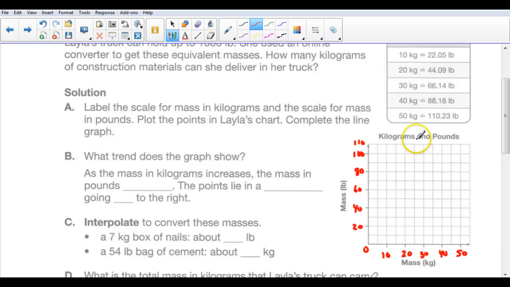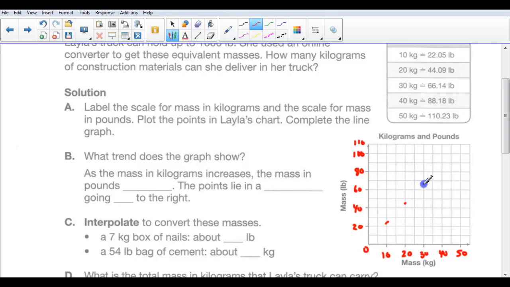Let's complete it from the chart here. 10 kilograms is 22 pounds. So we'll go to 10 kilograms, about 22 pounds. Let's put a little dot right there. 20 kilograms is a little over 44, so it's about there. 30 kilograms is about 66. So there's 60.